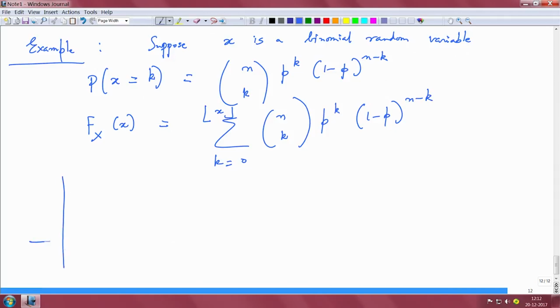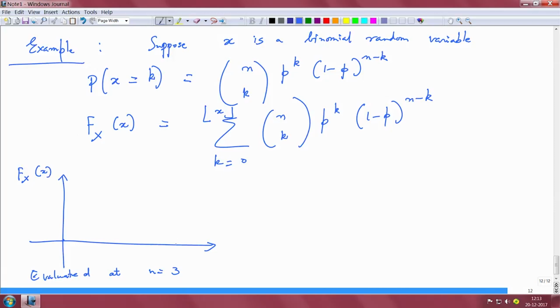If we just evaluate for n equals 3, when k equals 0 is 0, let us plot this probability distribution function.